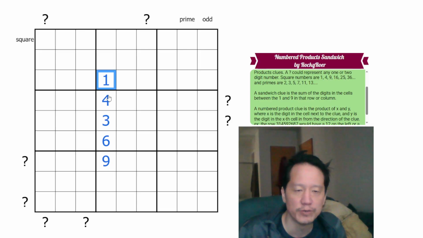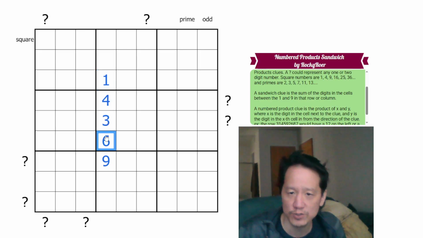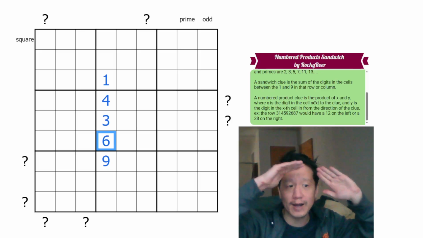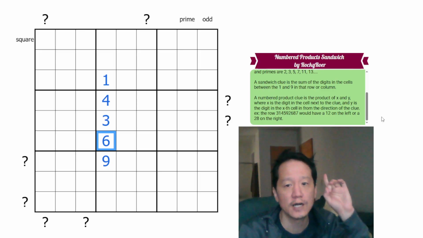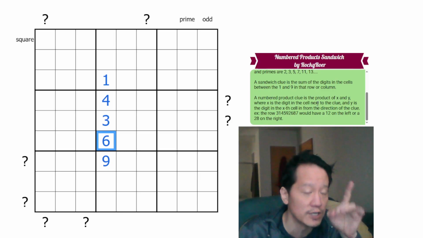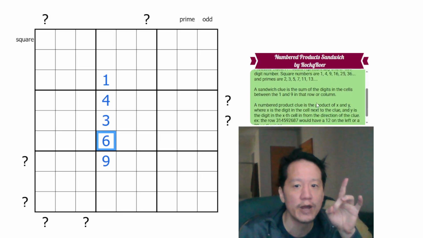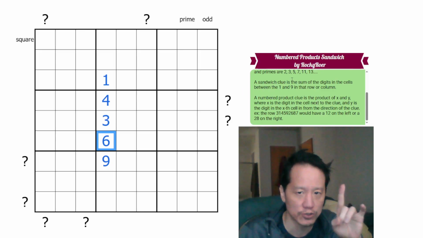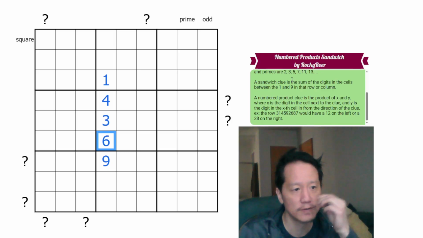So it would be 4 plus 3 plus 6, which adds up to 13. And that's how sandwich clues work. And remember, all clues outside the grid are a combination of a sandwich clue and a numbered products clue. So it has to fulfill this sandwich clue rule.